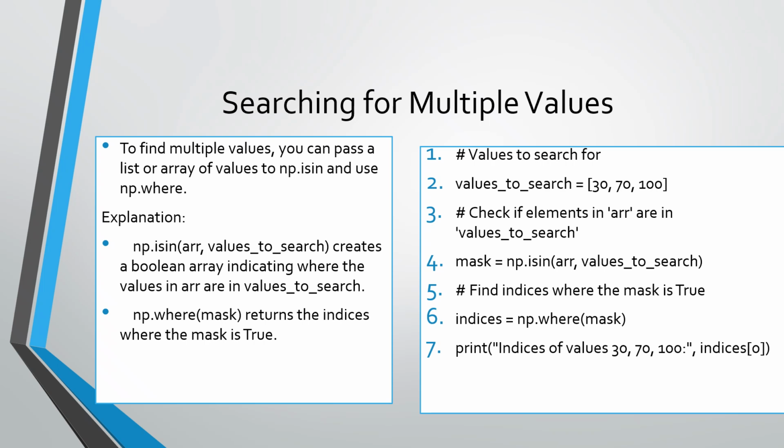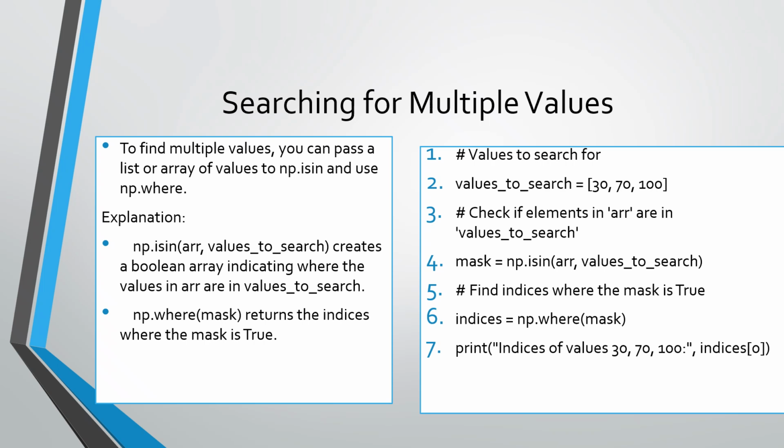The next function is to search for multiple values. We can find multiple values. For that we have to pass a list or array of values to np.isin function, and then we have to use np.where function. So in the np.isin function we are passing the array and another array that contains values to be searched.